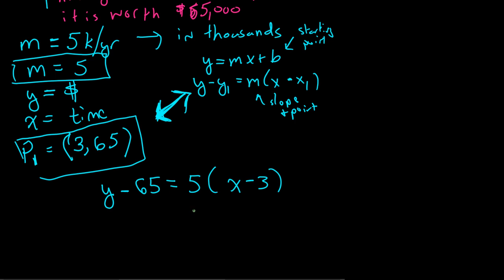I'm going to multiply these through. 5x minus 50 equals y minus 65. Sorry, I was multiplying my 5 through each point. All right, so 5x minus 50. I'm going to add 65 to both sides.